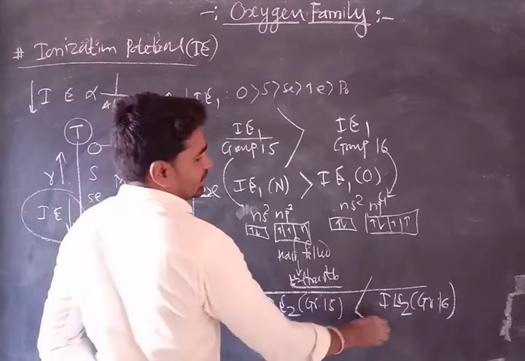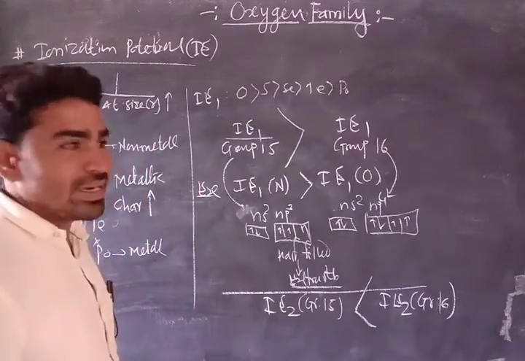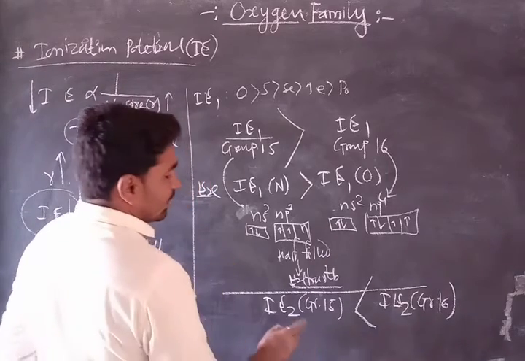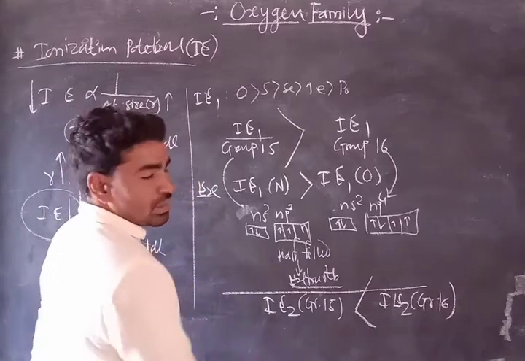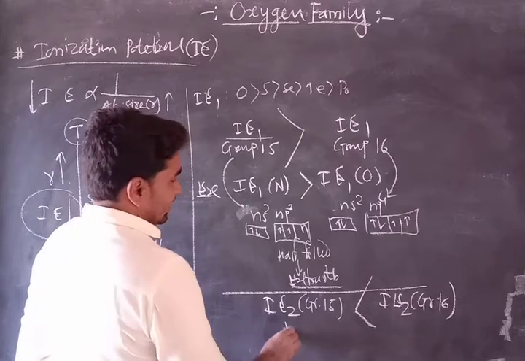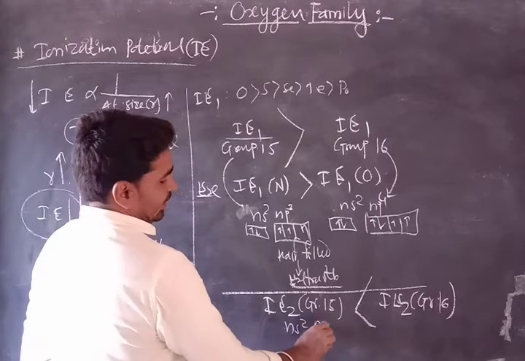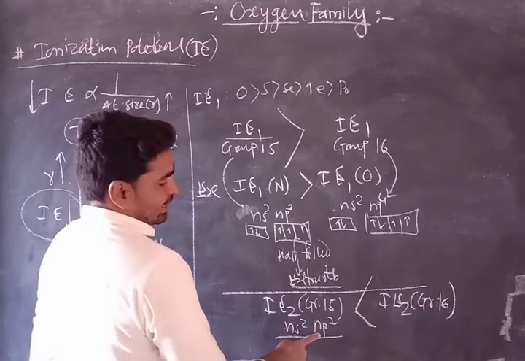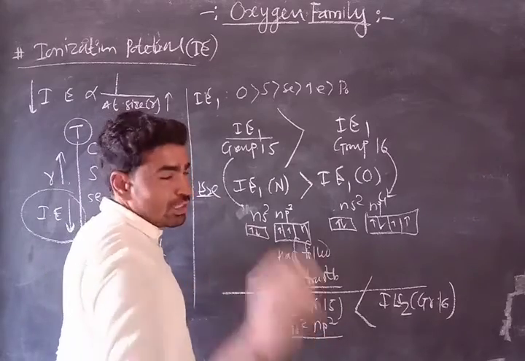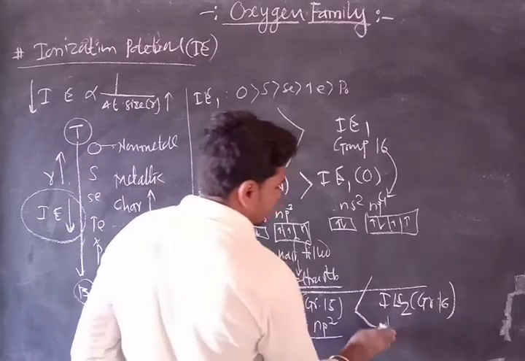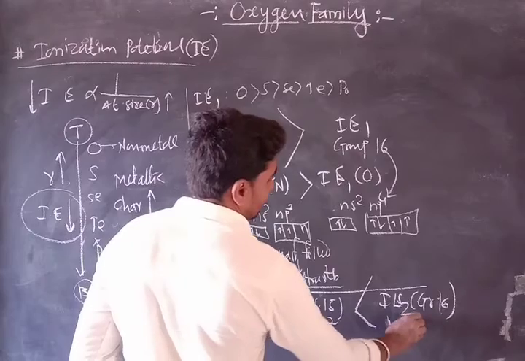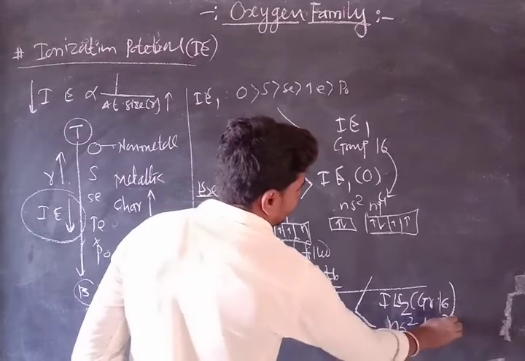Obviously, the second ionization energy for group 16 will be greater, because now the electronic configuration will be ns2 np2 for group 15, where the p orbital has 2 electrons, and for group 16 the electronic configuration will become ns2 np3.